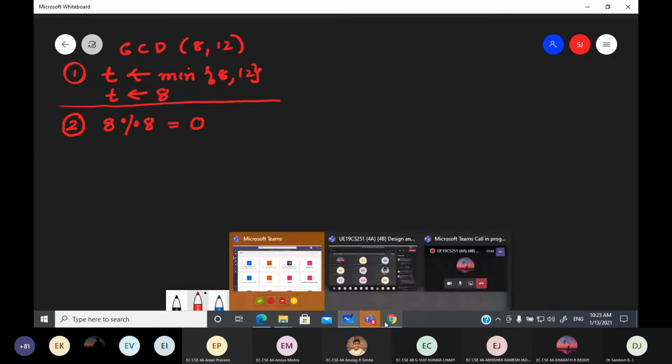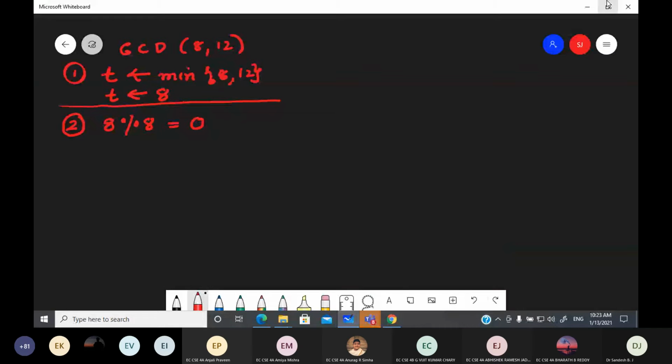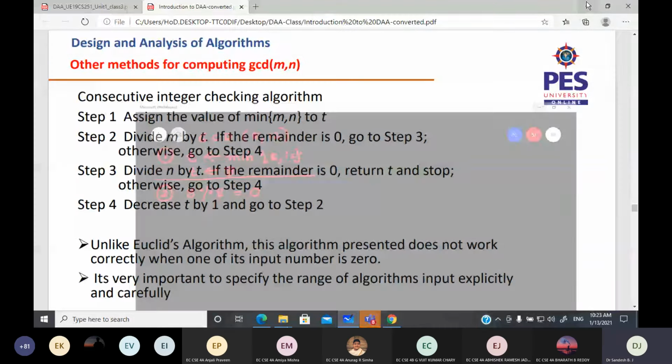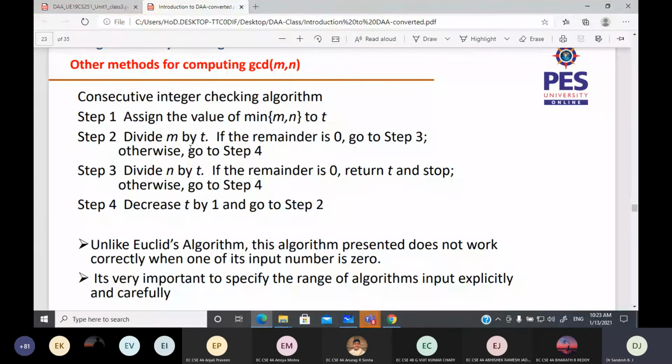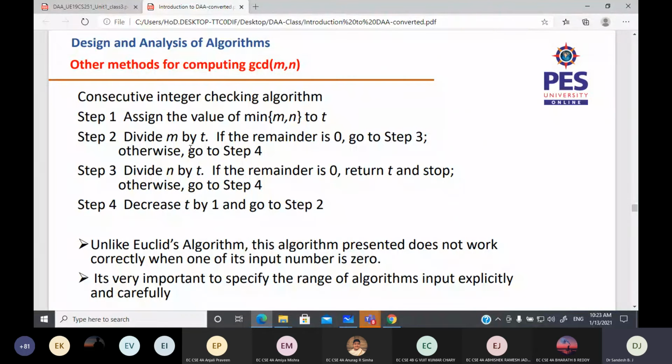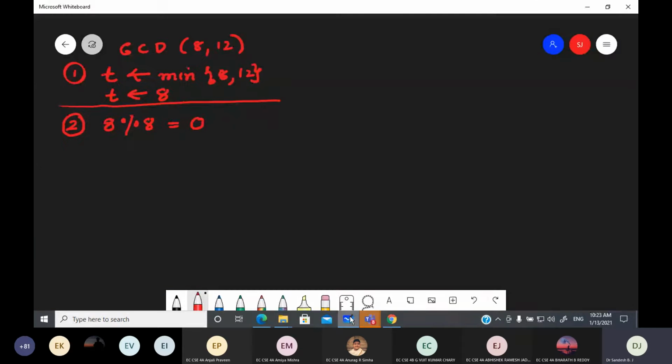So divide m by t; if the remainder is 0, we go to step 3. In step 3, we are dividing n by t, where n is 12. We divide it by 8 and find the remainder, which is equal to 4.